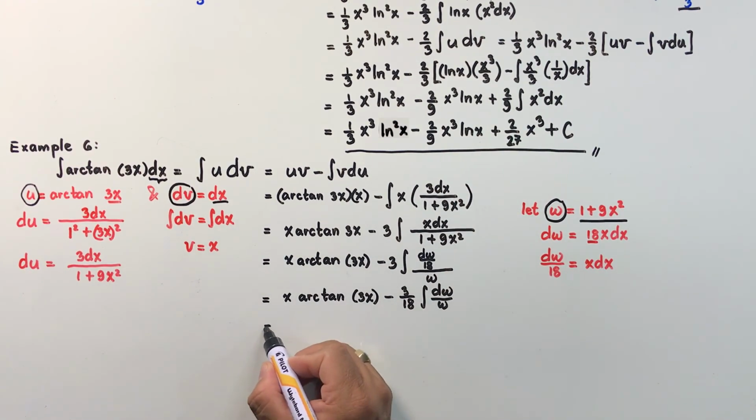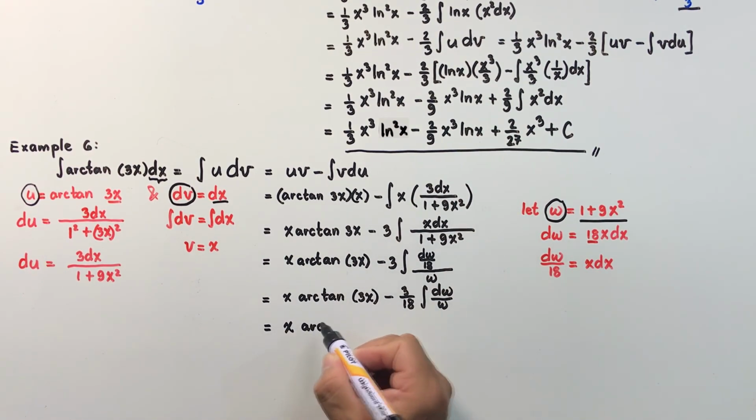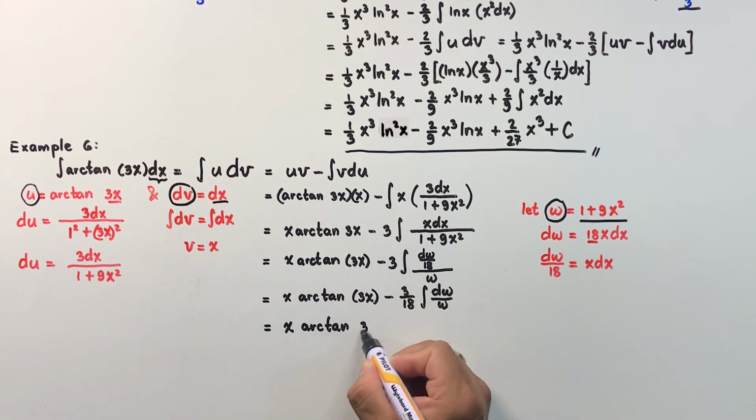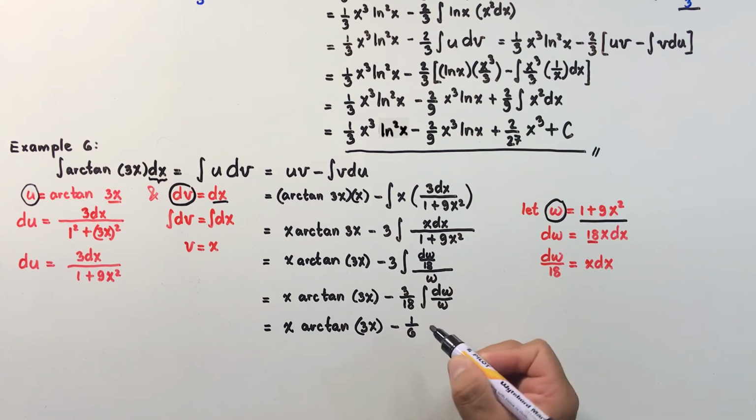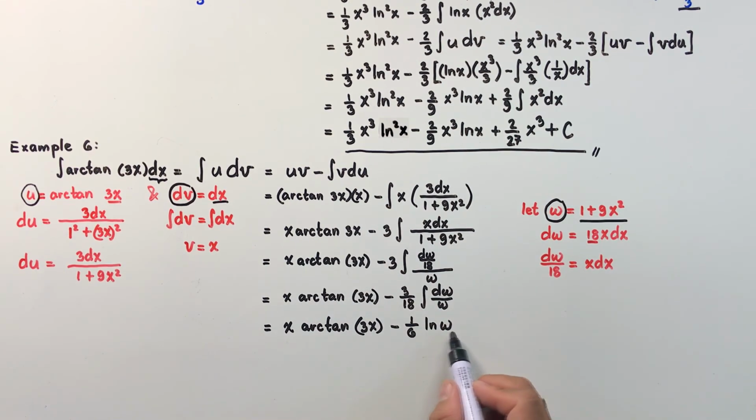And we have x times the arctangent of 3x minus 1/6 of the natural log of w, because we know that the integral of dw over w is the natural log of w.